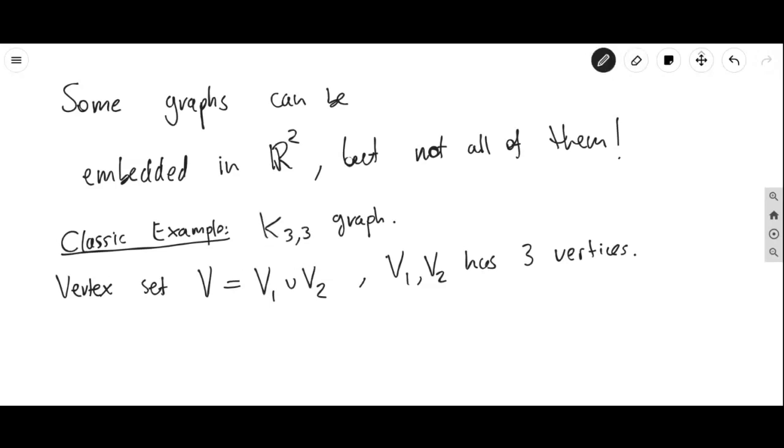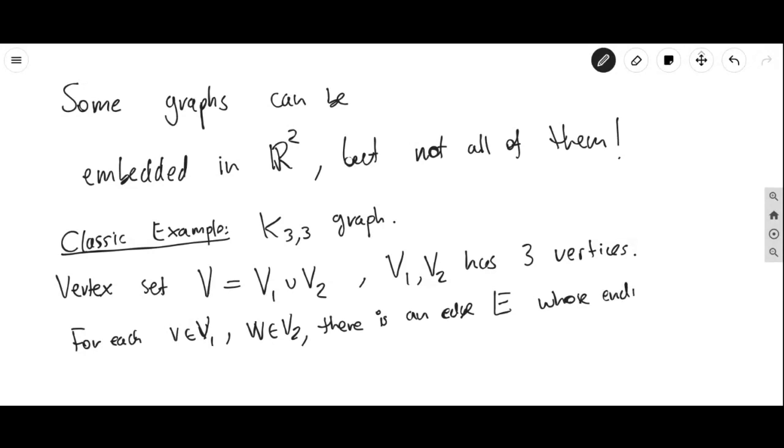There's an edge between each one. And for each V in V1, and let's say W in V2, there is an edge E whose endpoints are V and W.